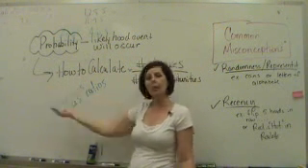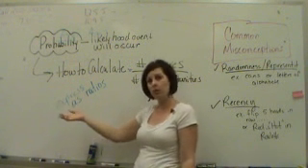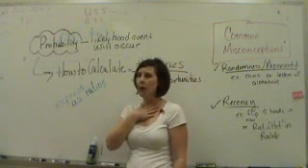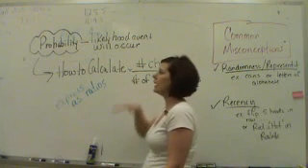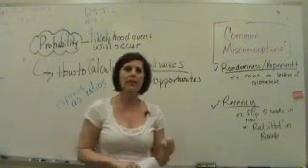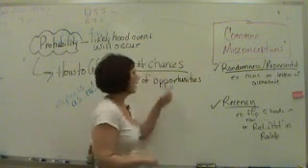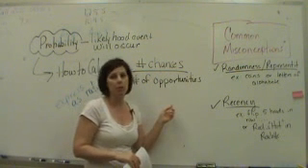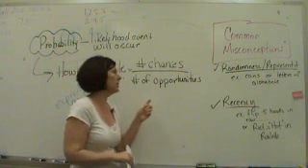So how do we calculate probabilities? How do we do that? Well, we can calculate probabilities or probable outcomes by taking the number of chances that the event has and dividing that by the number of opportunities. Okay, the number of opportunities.